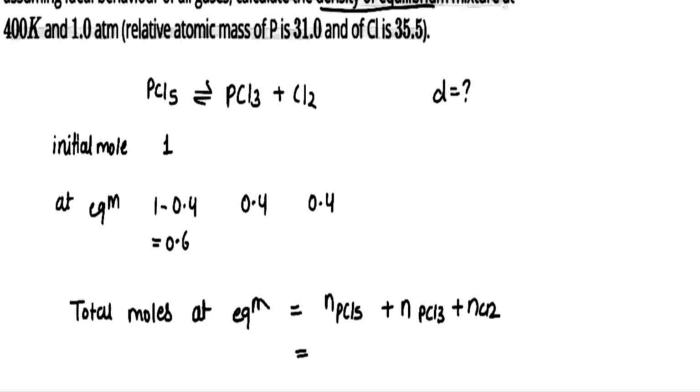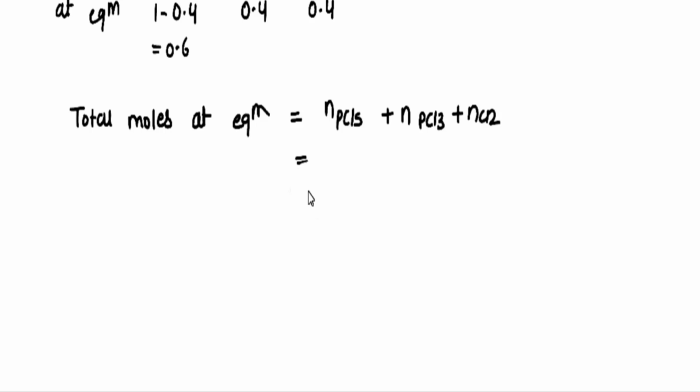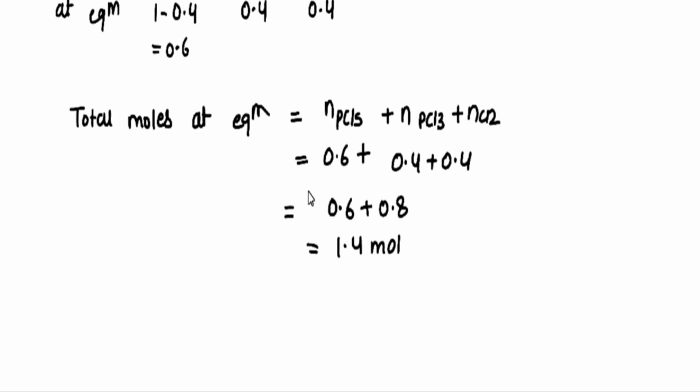So the moles of PCl5 is 0.6, plus 0.4 plus 0.4. It will become 0.6 plus 0.8, which is nothing but 1.4 moles. This is the total moles, that is N total.